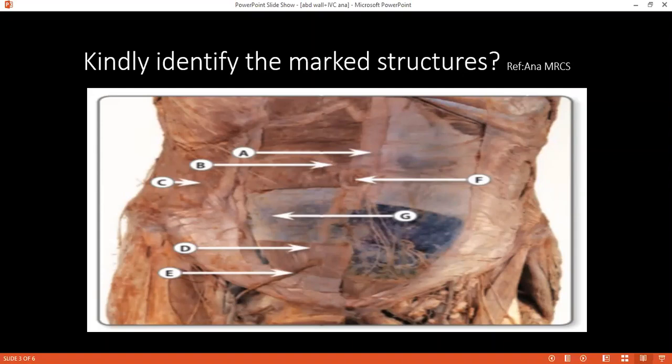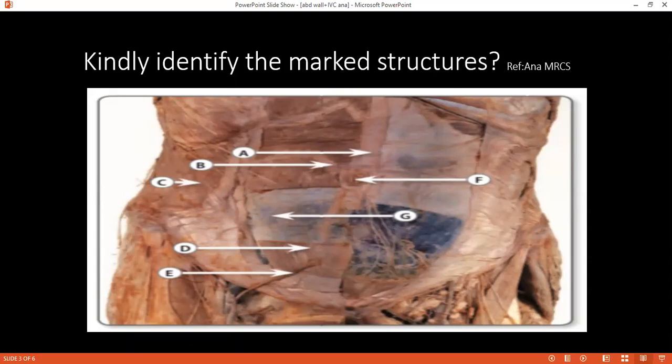The contents are the rectus abdominis muscle, the pyramidalis muscle, the inferior and superior epigastric vessels, as well as the sympathetic fibers from T7 to T11, 12.